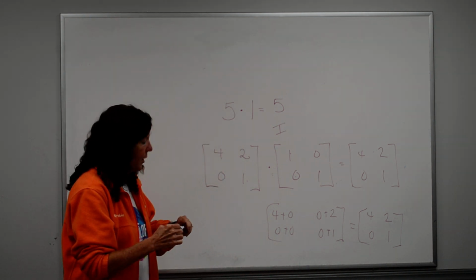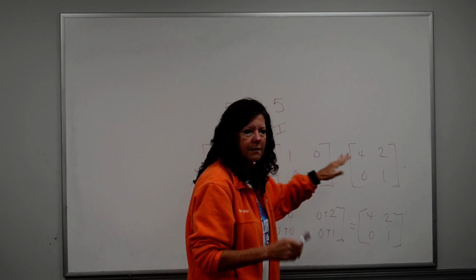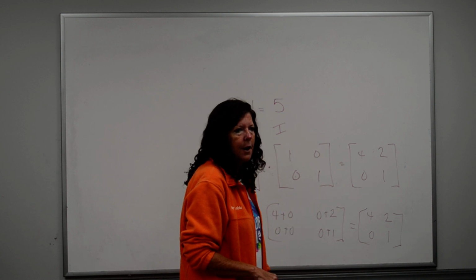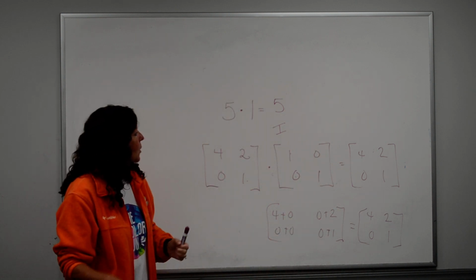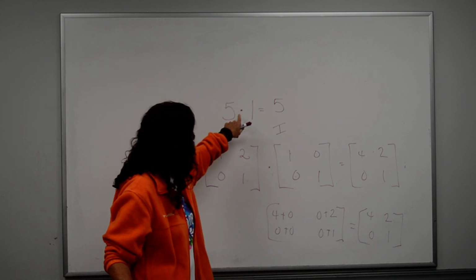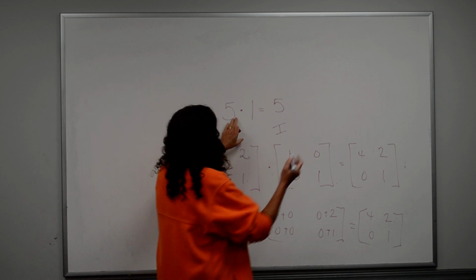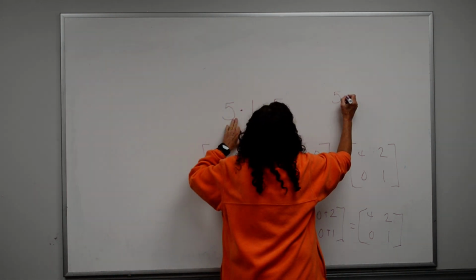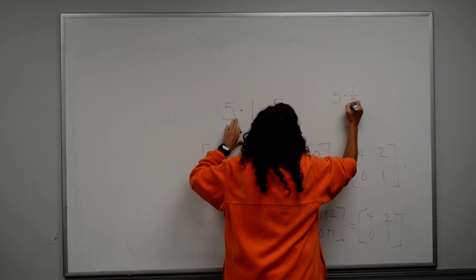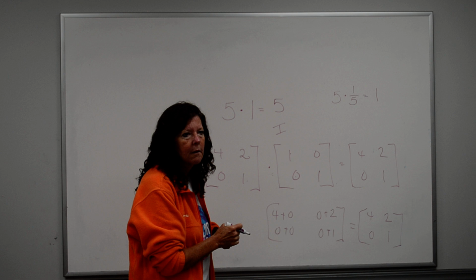Okay? So your identity matrix is always the diagonal ones plus zeros everywhere else. In the same sense, we have to be able to find the inverse matrix. So up here, if you remember right, multiplicative inverse, if I multiply 5 times 1/5, it's going to give me 1.